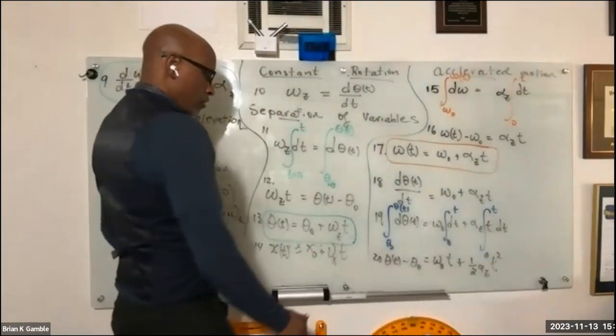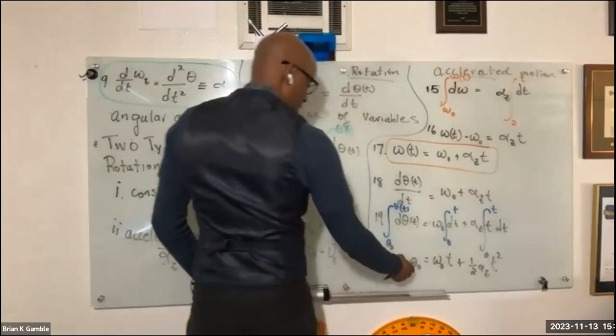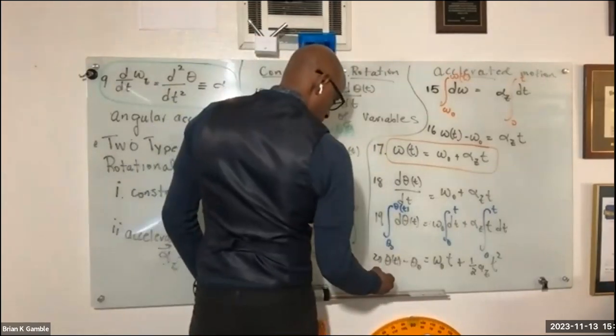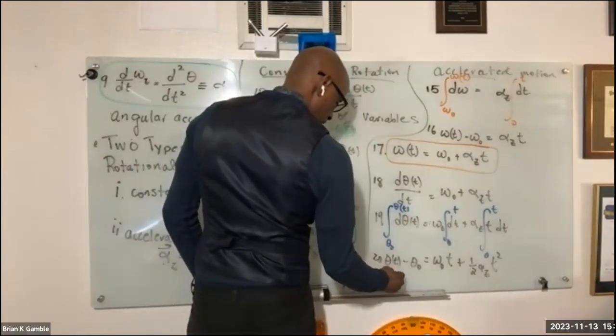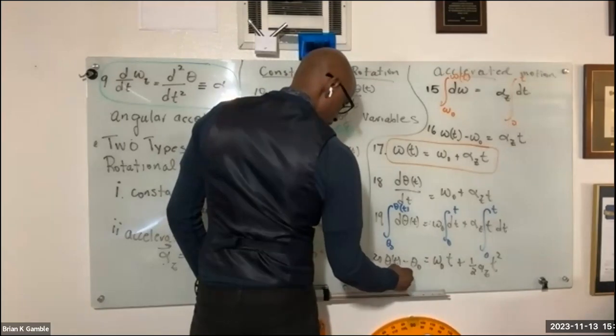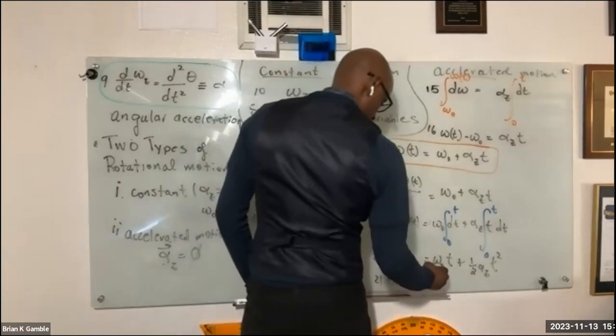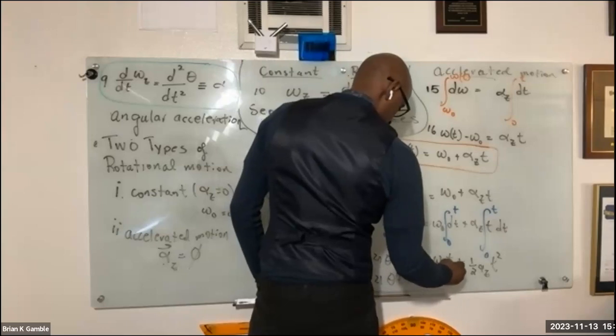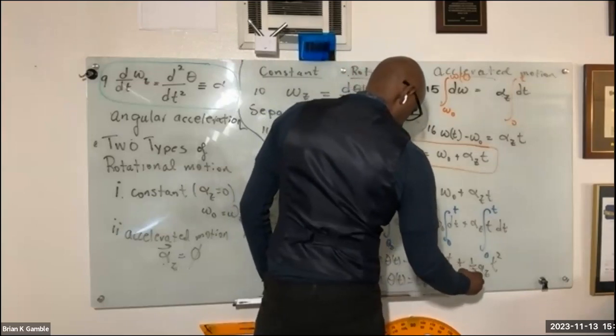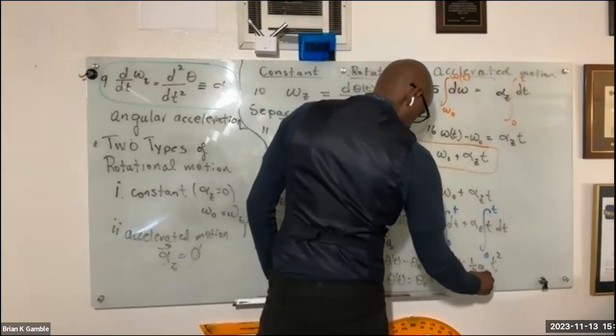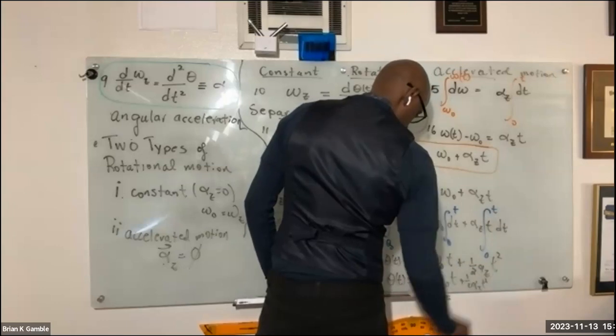And then to get the final version that we like, we just take the initial position over on the other side. And finally, we have theta of t equals theta naught plus omega naught t plus 1/2 alpha z t squared.